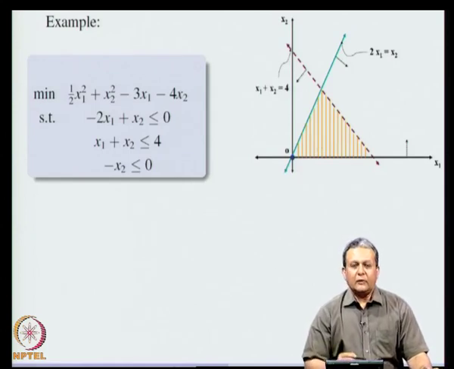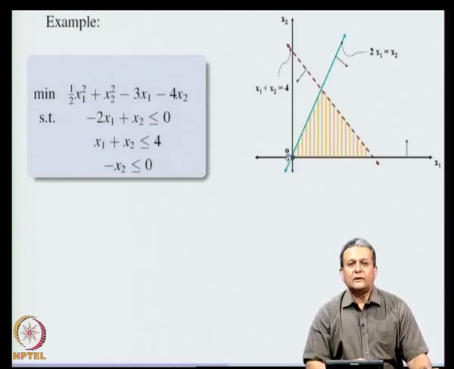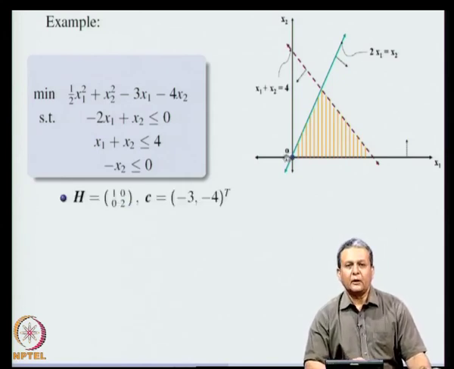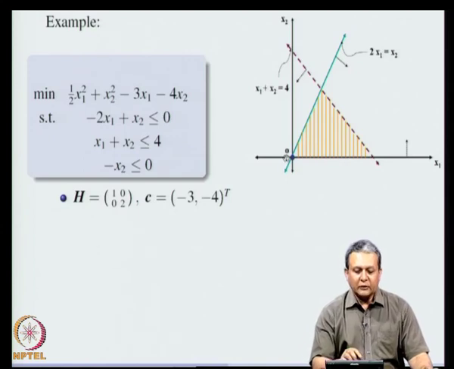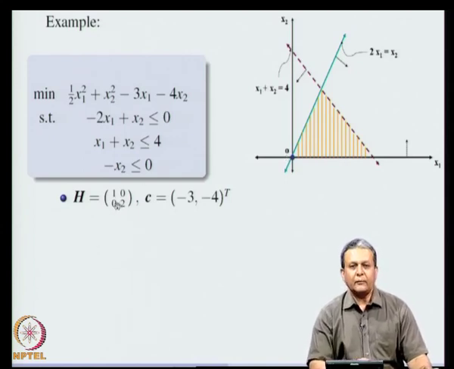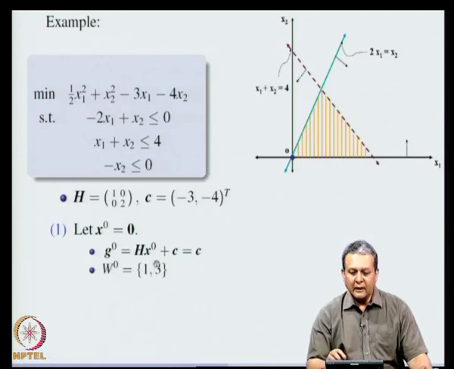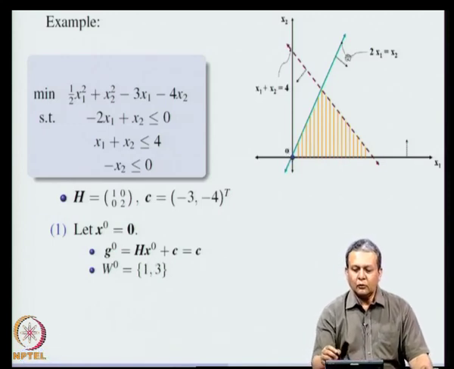Now, since 0 is one of the feasible points, let us start with 0. For this objective function, the Hessian is symmetric positive definite, but not an identity matrix. If we start with x0 equal to 0, the two constraints which are active at this point are the first constraint and the third constraint.